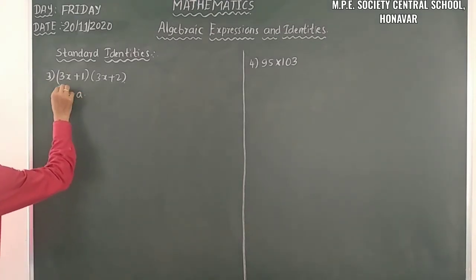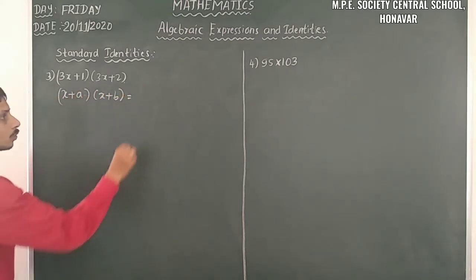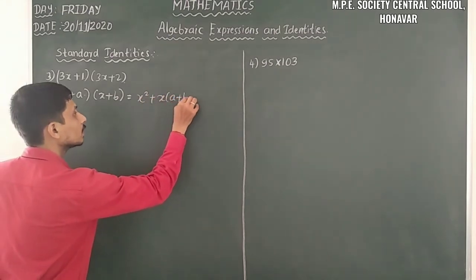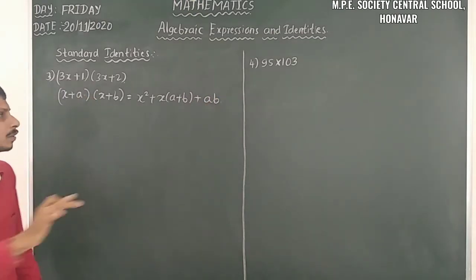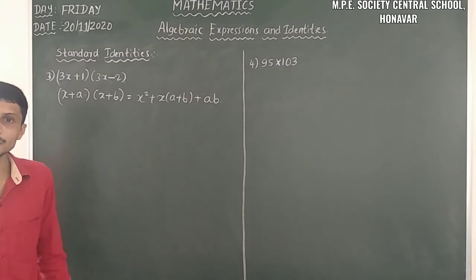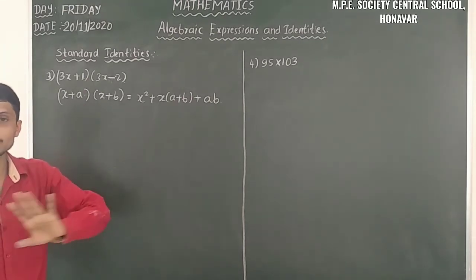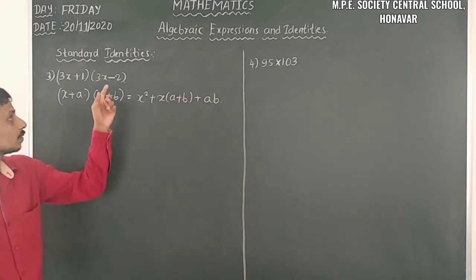It is (x + a)(x + b) is equal to x square plus x into (a + b) plus ab. Even if we have minus here, then also we can take the same formula. There is no change in the formula.